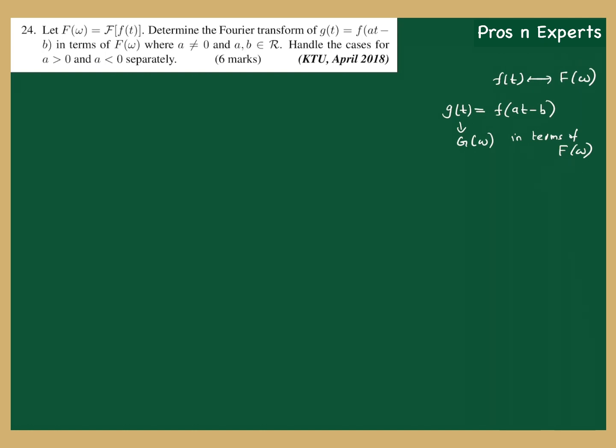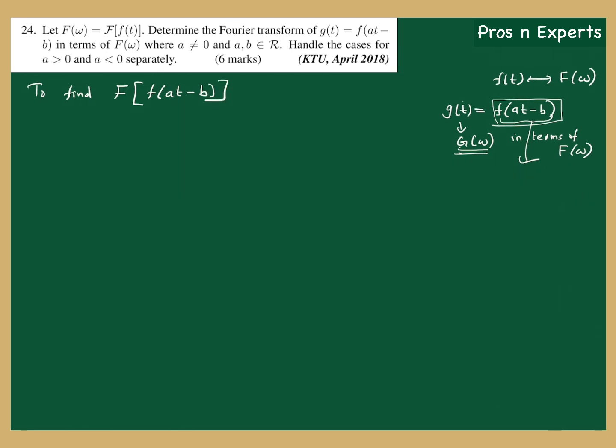So logically, finding out the Fourier transform of g of t, that is G of omega, will be equal to finding out the Fourier transform of this signal. Since g of t is equal to f of at minus b, G of omega will be equal to the Fourier transform of this signal. Our aim is to find the Fourier transform of f of at minus b.